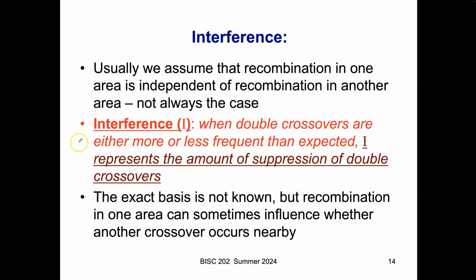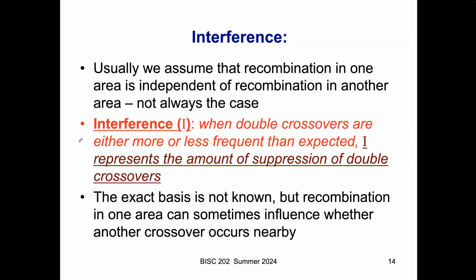Okay, so now I've been saying a lot that the probability of crossing over in any one region is the same. And there is a phenomenon that we have observed, which is called interference. It's not a really strong effect, but it is an effect. Basically, interference is when there is either suppression or increasing of the number of double crossovers.